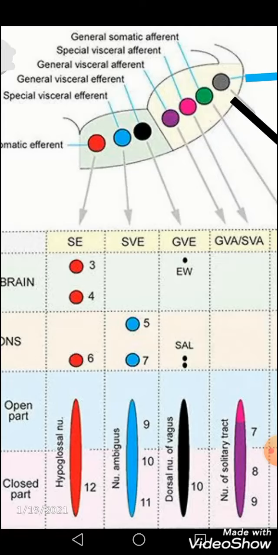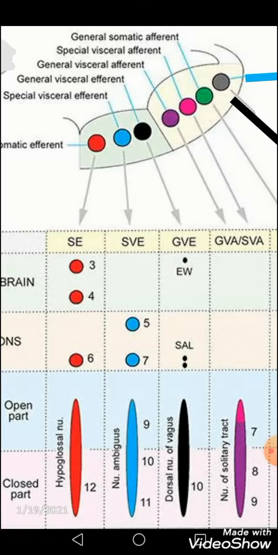Now come towards the last, that is marked with the special efferent fibers. They can be written as general somatic efferent or somatic efferent fibers.